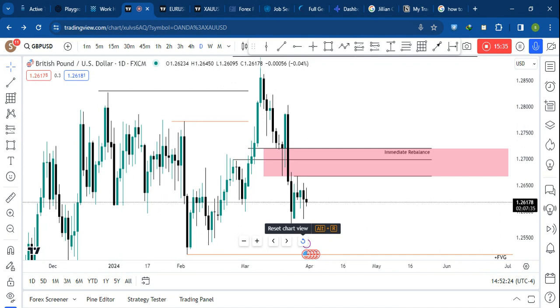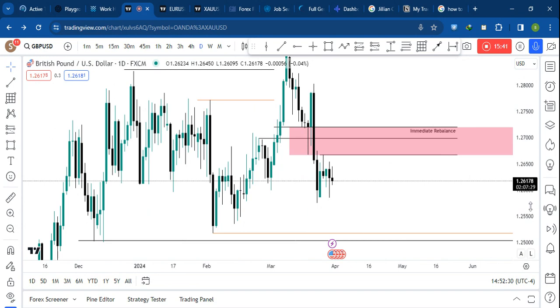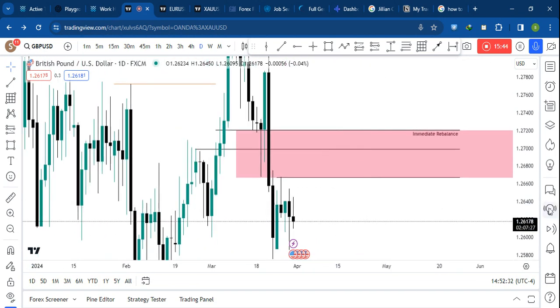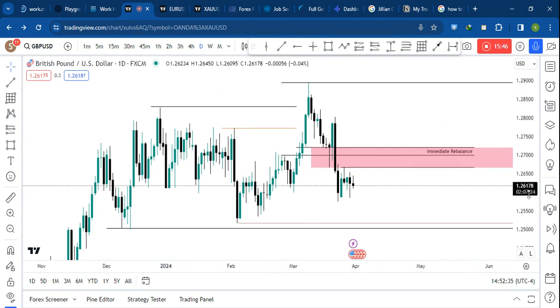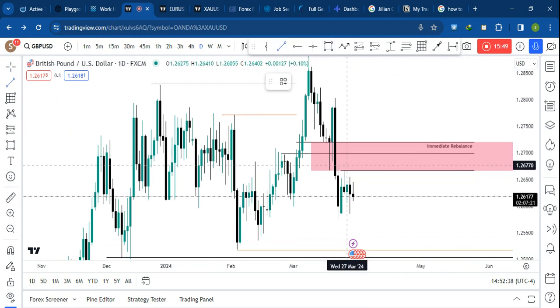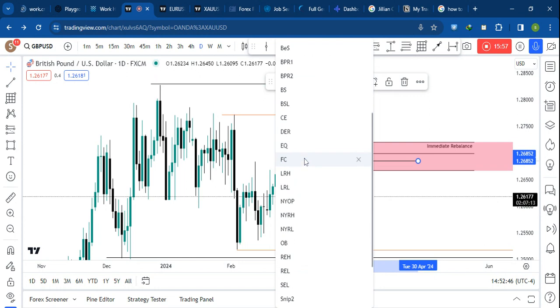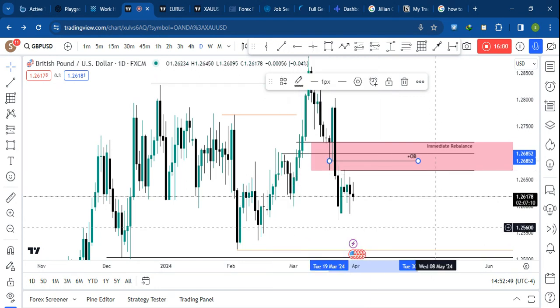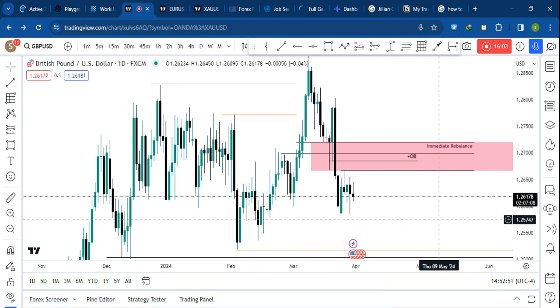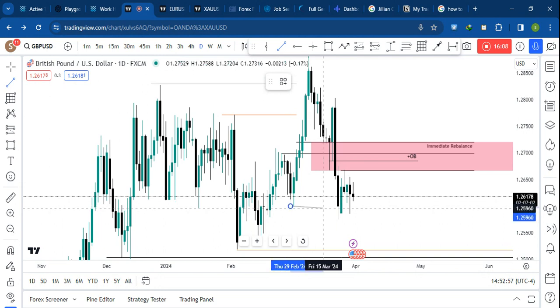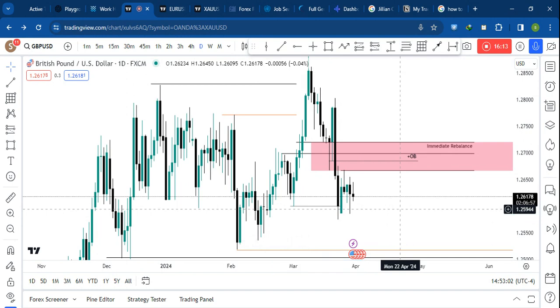So according to the daily perspective, this is the best area that we can trust in this market. This is a valid order block because of how I define it: I consider the last bullish candle, the last bullish candle is what I take as a bearish order block.